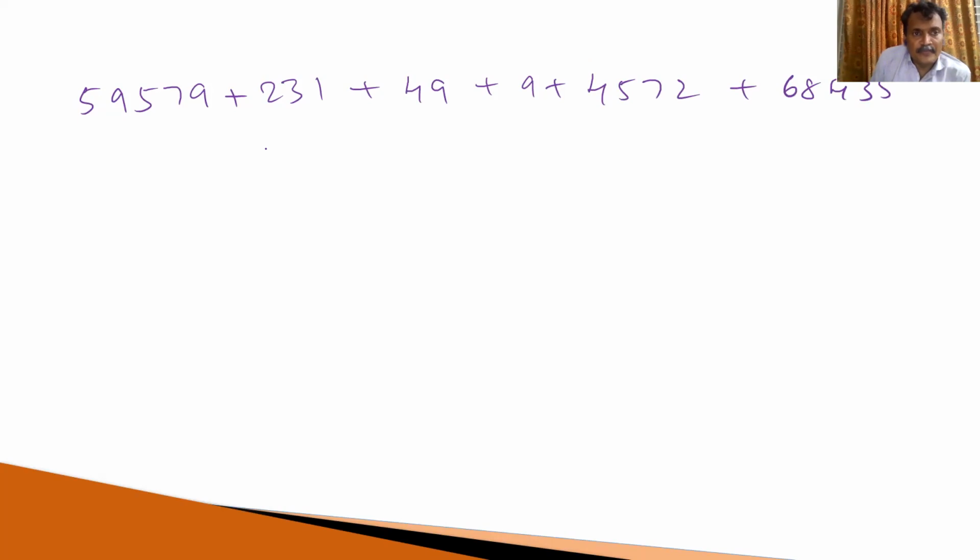Now, first you need to find out the sum of these numbers, and then finally you should check whether your answer is correct or not. Okay. Now, how to solve this one? First, 57 plus 96 plus 95 plus 126 plus 95.